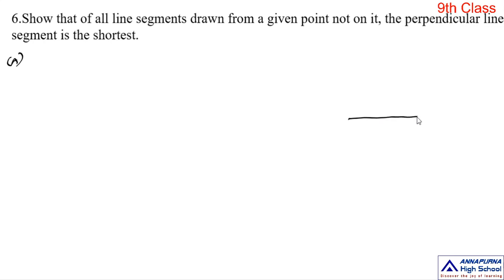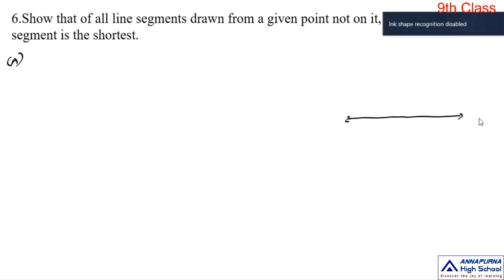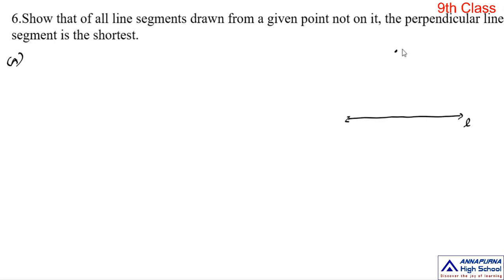First draw a line L, and O is a point not on L. Mention the condition given in the problem: take a point O not on L. Okay, we have to prove that the perpendicular line segment is shortest.